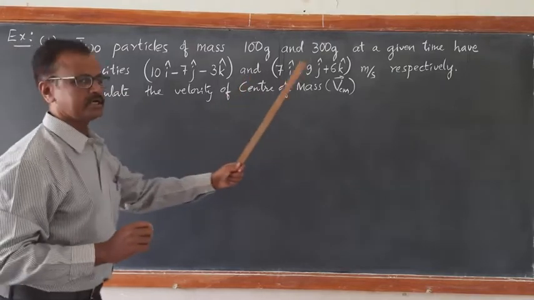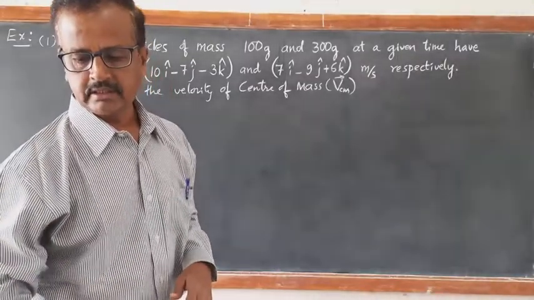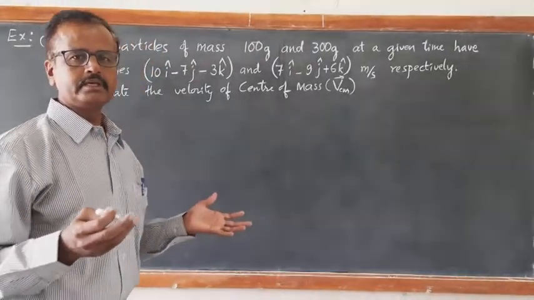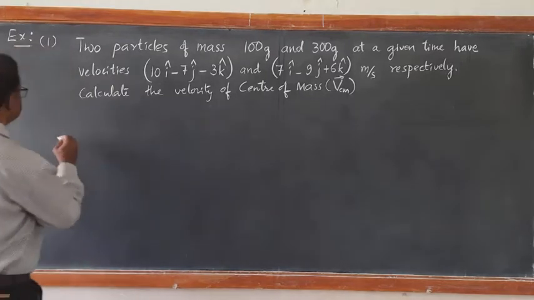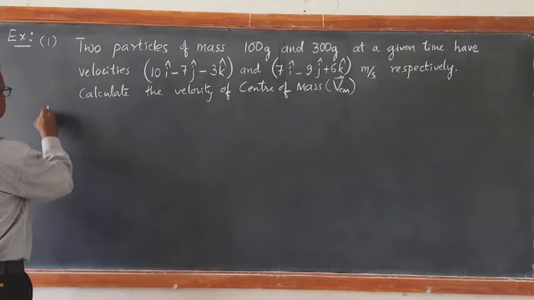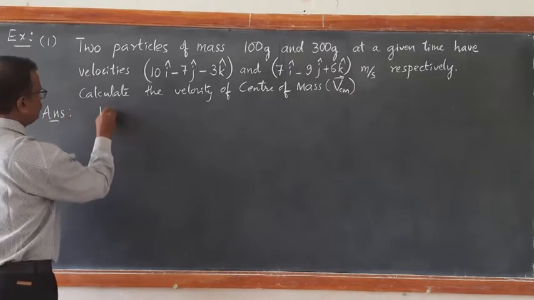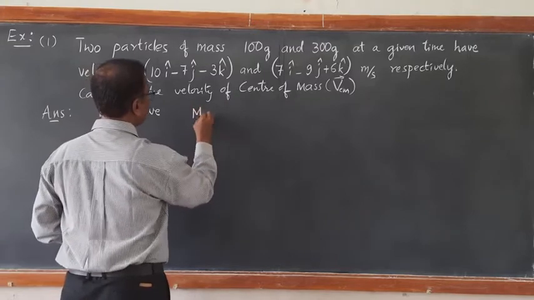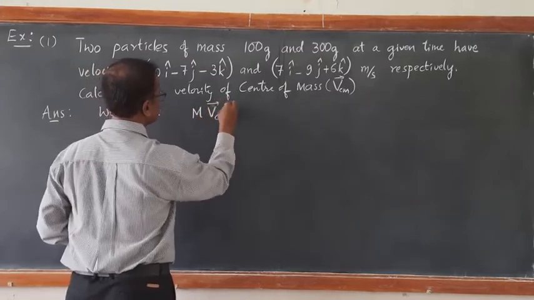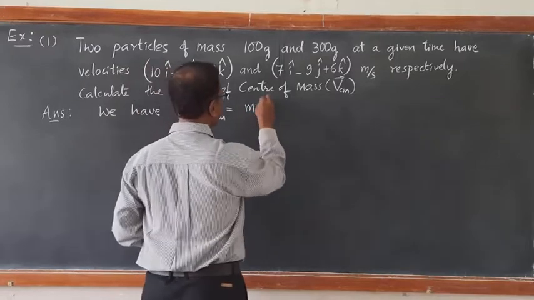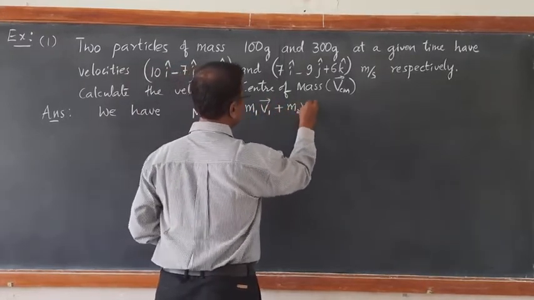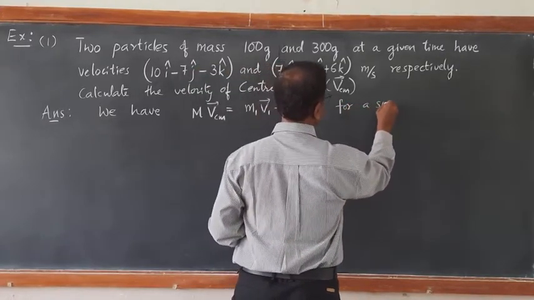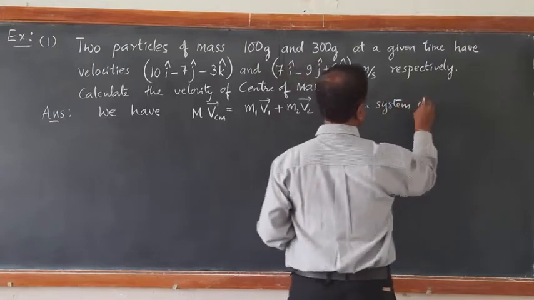Calculate the velocity of center of mass. You are asked to calculate the velocity of center of mass. So we will go by the usual method. We have just now got the relation. We have m into velocity of center of mass is equal to m1 v1 vector plus m2 v2 vector for a system of two particles.